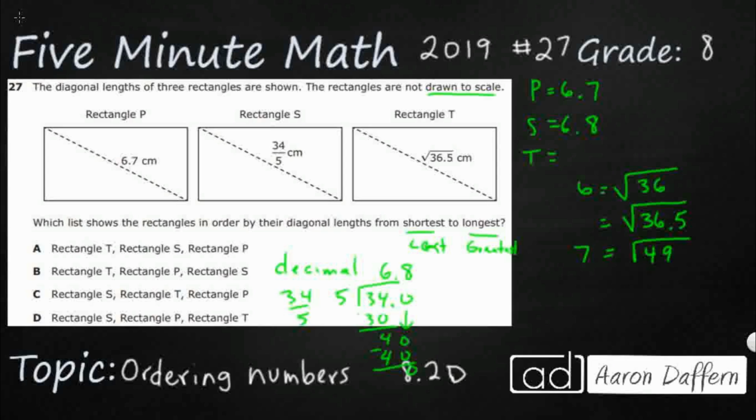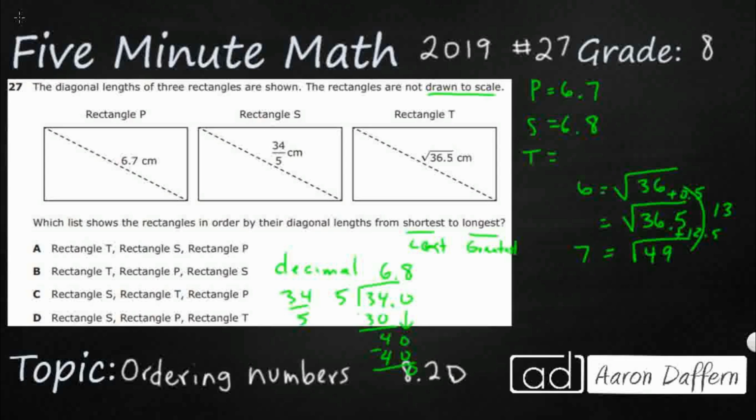Now look at the spread. We've got a range of 13 to get from 36 to 49. And holy cow, 36.5 is 0.5 away. I mean, this 36.5 might as well just be 6. That's 12.5 away from 49.